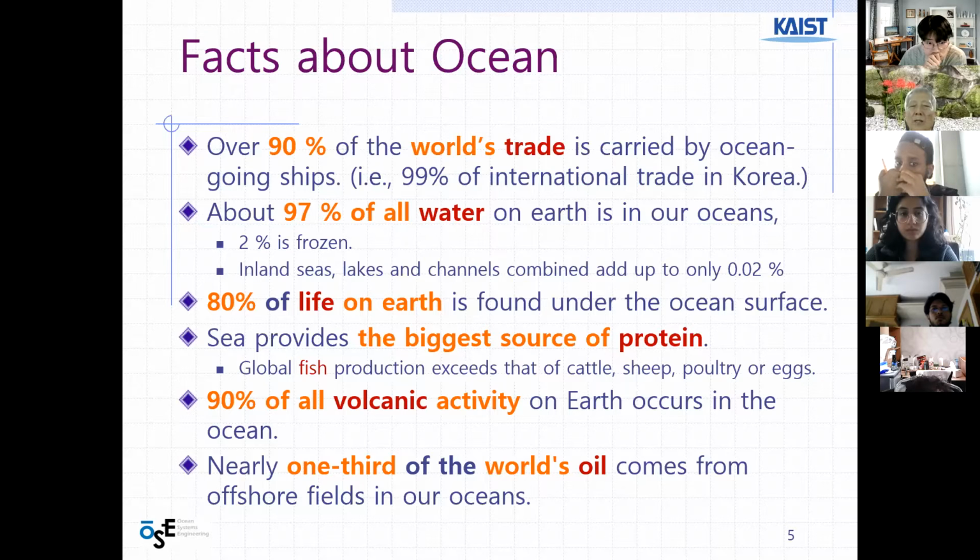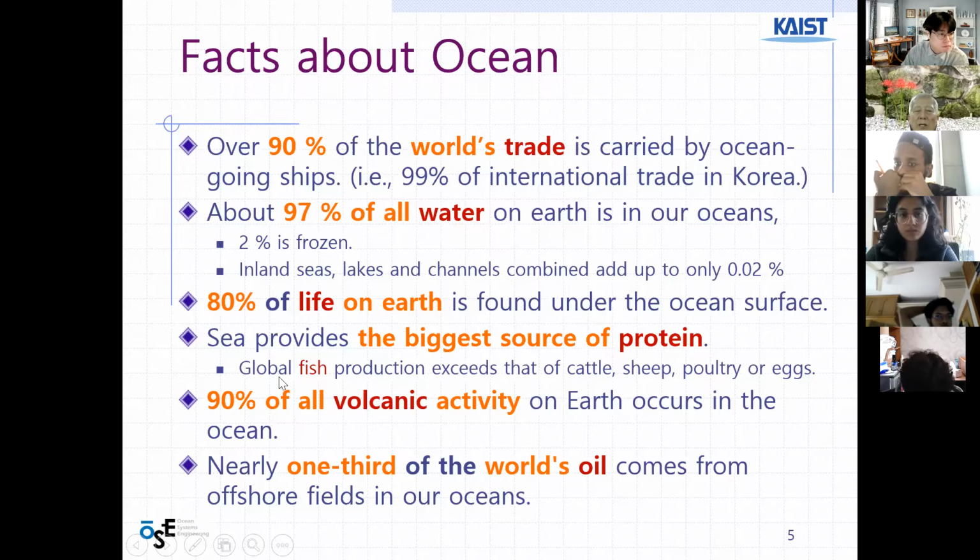Weight-wise, because airplanes cannot carry heavy cargoes. And 97% of all water on Earth is ocean, and 80% of life on Earth is there. So much life, because the ocean is big, and it is a protein source.